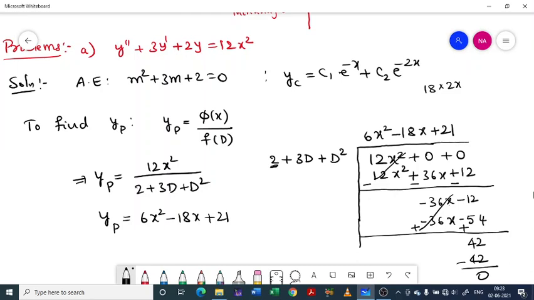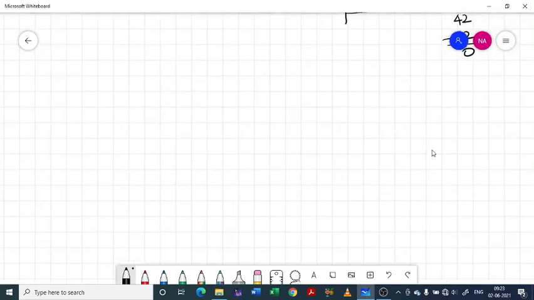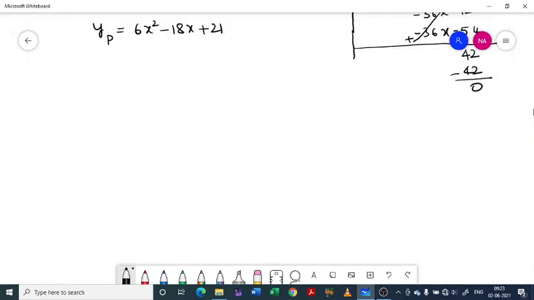So the general solution is y equal to c1 e power minus x plus c2 e power minus 2x plus 6x square minus 18x plus 21.